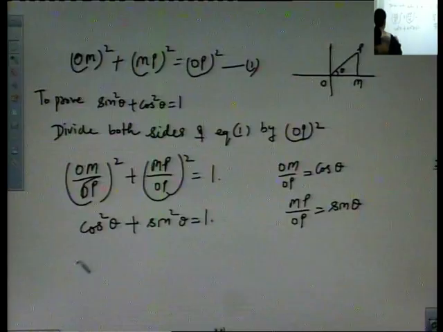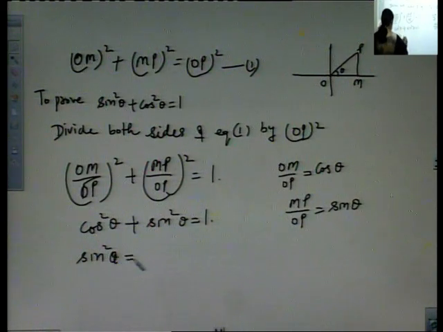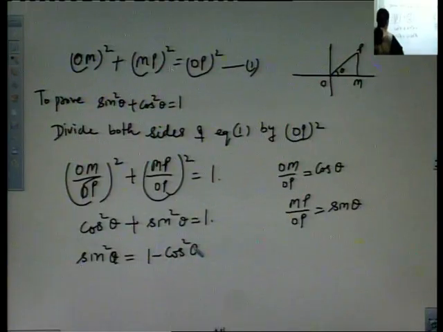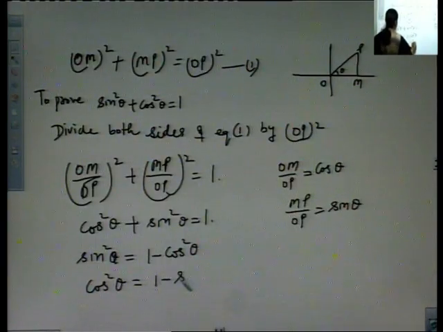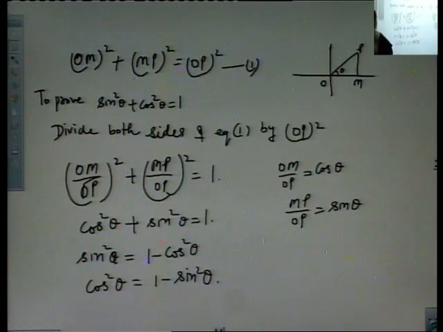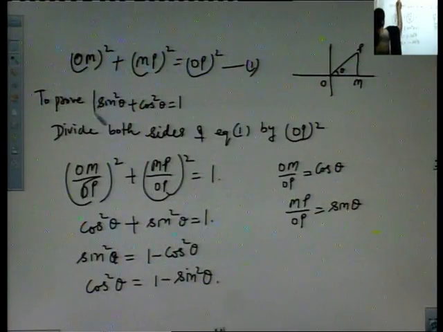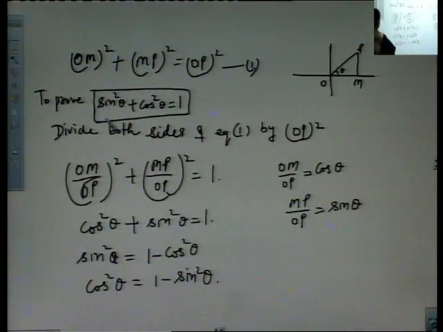We can also say that sin square theta is equal to 1 minus cos square theta, or cos square theta is 1 minus sin square theta. So hence we prove that sin square theta plus cos square theta is equal to 1.